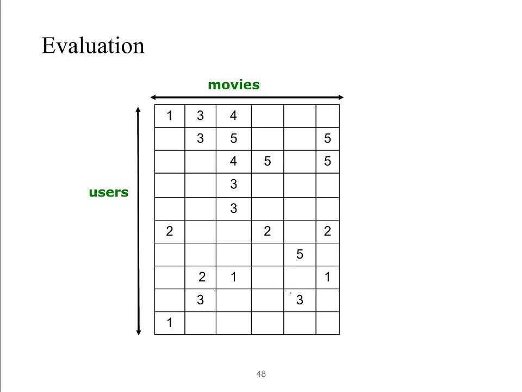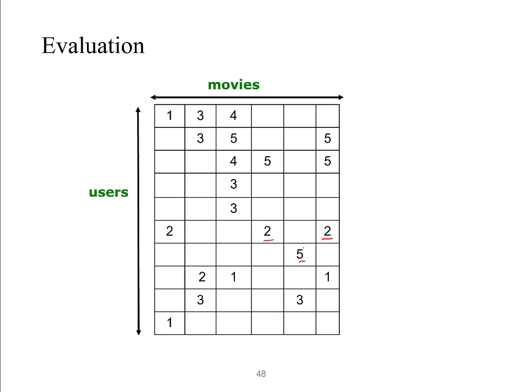So what we're going to do is reserve a certain part of the rating matrix, and we mask the ratings using a question mark, so the model won't be able to see them, and you use this as the test dataset.